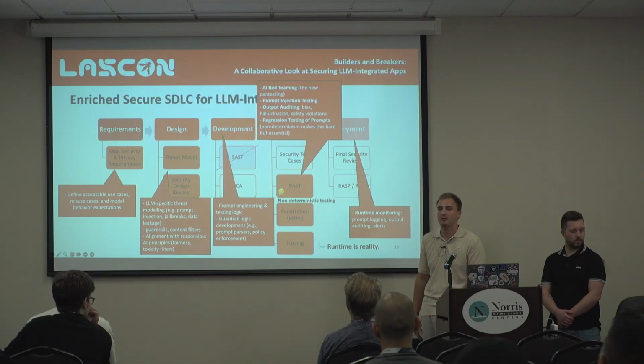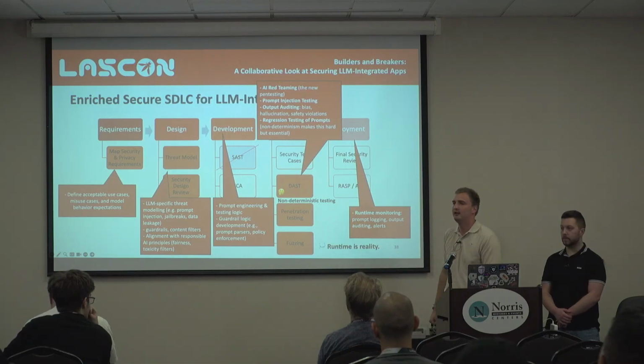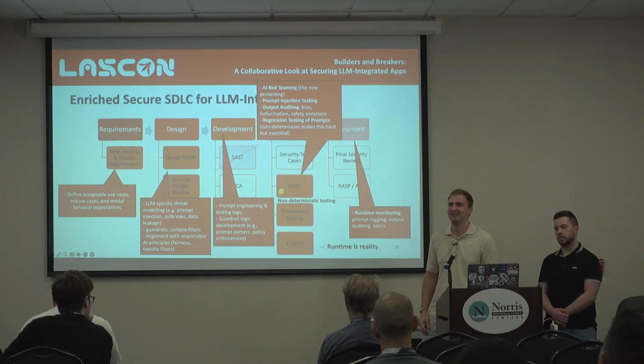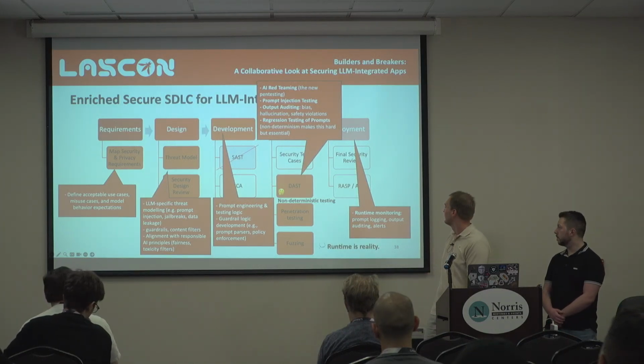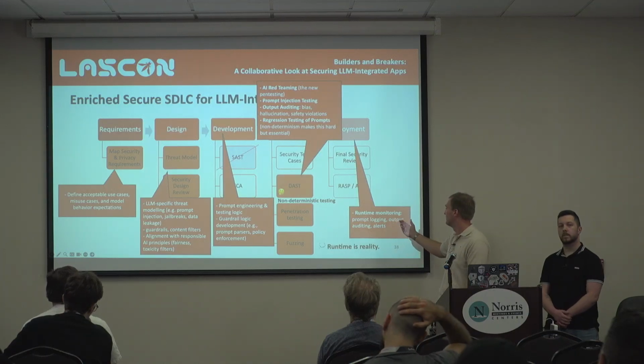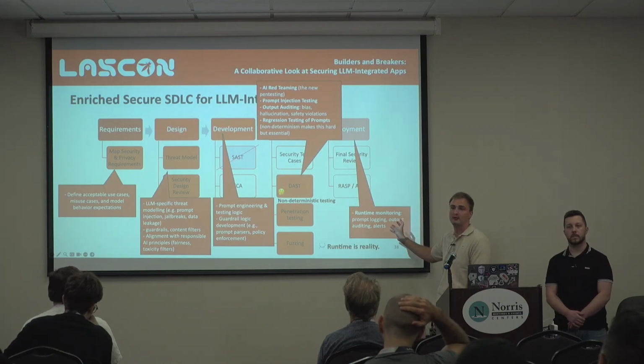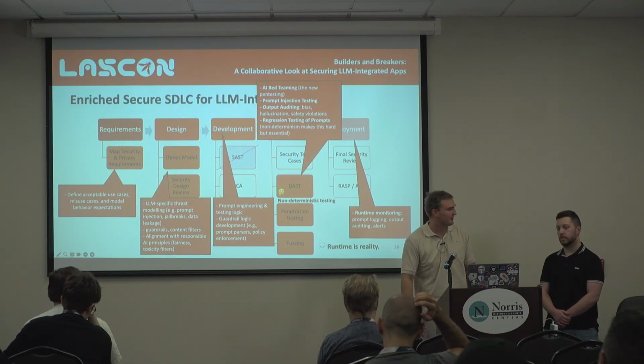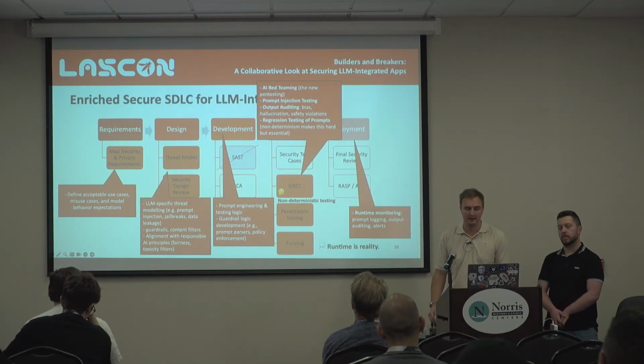It's becoming even more important for those types of applications. But of course, we need DAST projects which can test for those types of applications. And runtime monitoring is also really important, and we saw this: the prompt logging, the output auditing, or even filtering for unsafe content and unsafe instructions like we had with those chatbots.